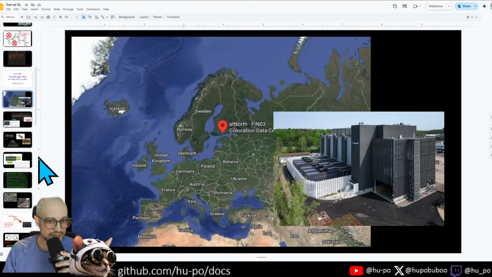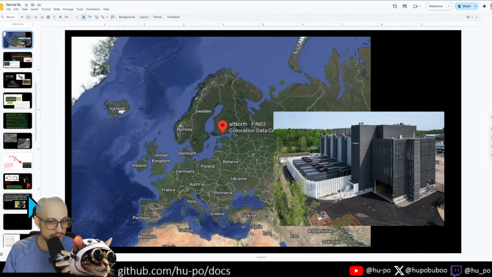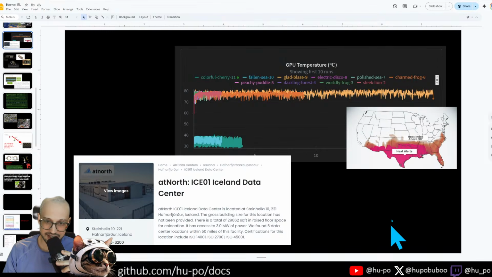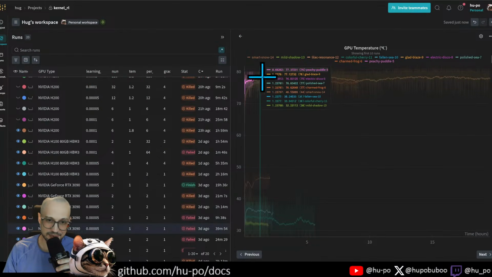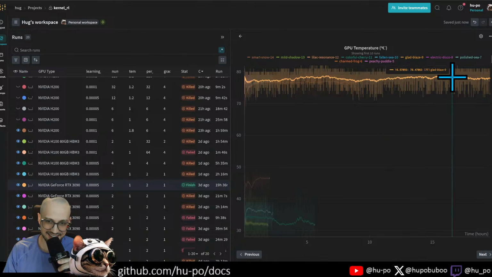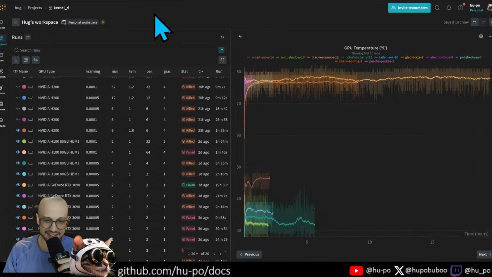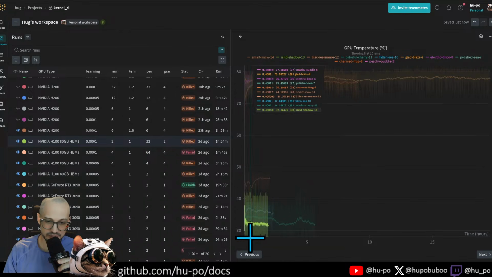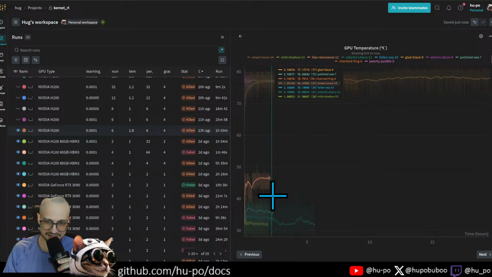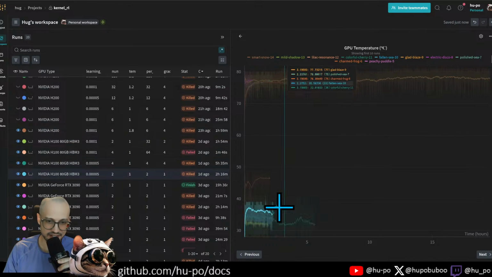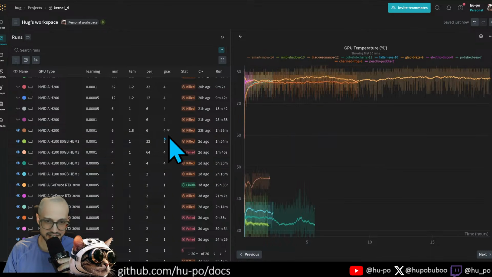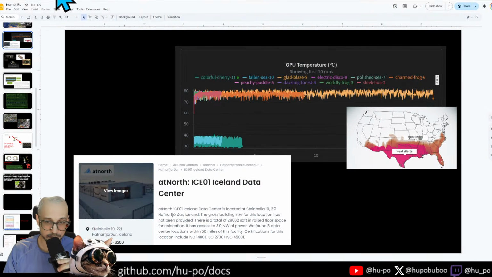Obviously, my GPU at home is here in sweaty Texas, and you can see that it's getting up to like 80 degrees, right? Versus the GPU at the Iceland data center, these guys are real cold. Look at that, 32, 40. These are icy GPUs over here. I just thought that was entertaining, the difference in GPU temperature between a professional data center and a GPU training at home.